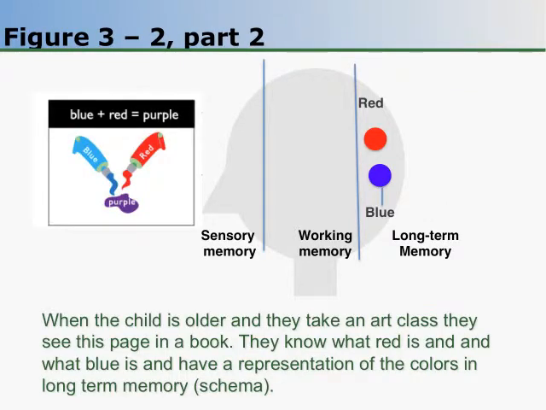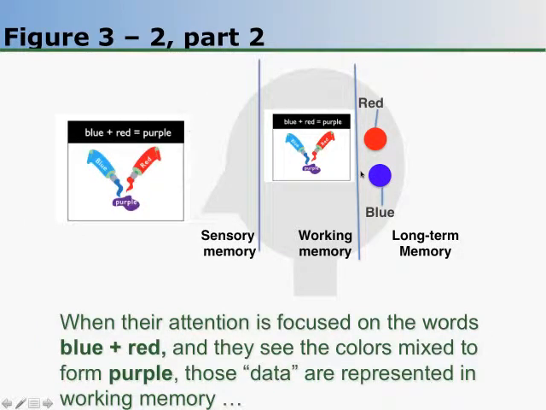So let's say our child is older and they're taking an art class and they see this page in a book. They know already what red is and what blue is, and they have a representation of that in their memory. When their attention is focused on the words blue plus red, and they see the color that these 2 tubes of paint have mixed into, which is purple, that information is represented in their working memory.